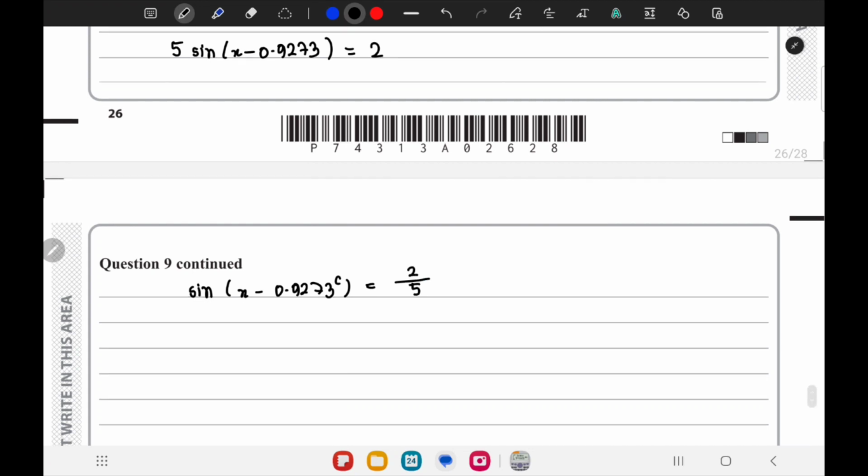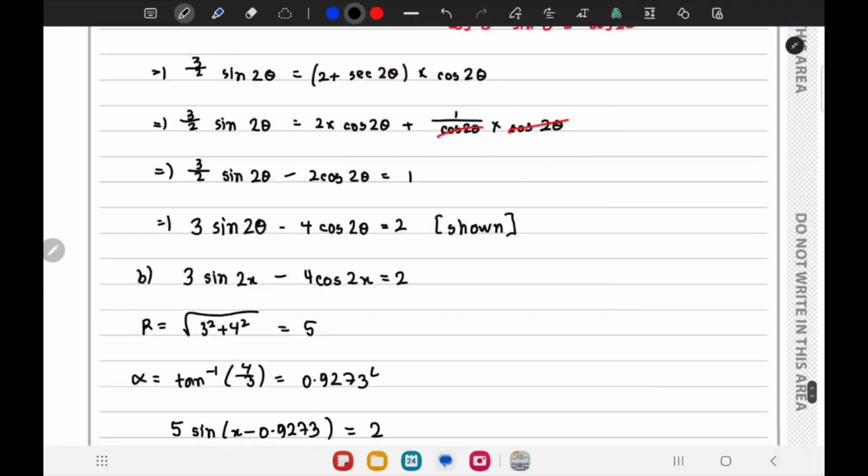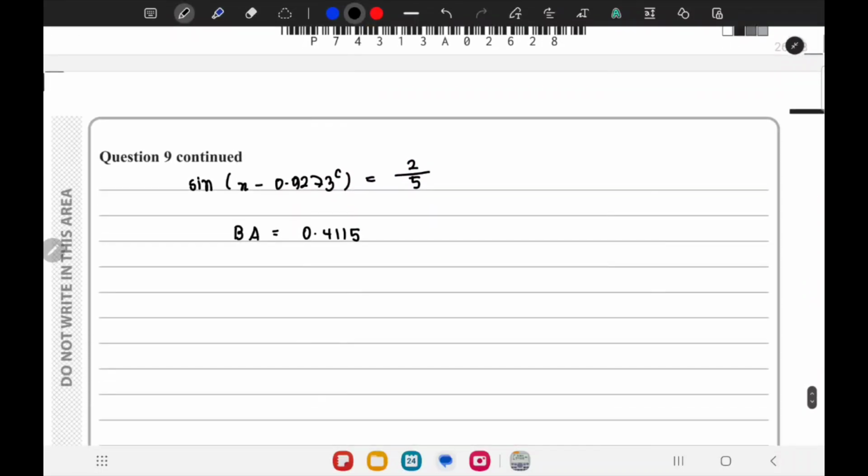We'll have sine inverse. The basic acute angle will be sine inverse 2 by 5, which is 0.4115. The answers are wanted to 3 significant figures, so 4 significant figures is enough.